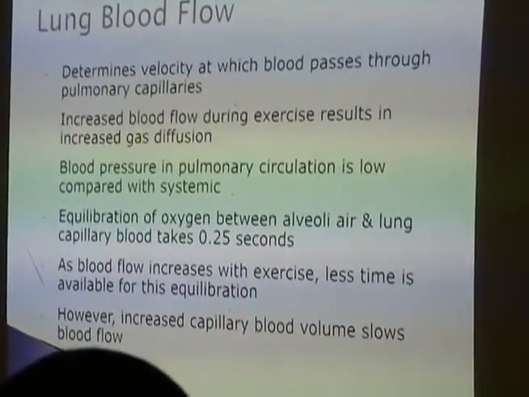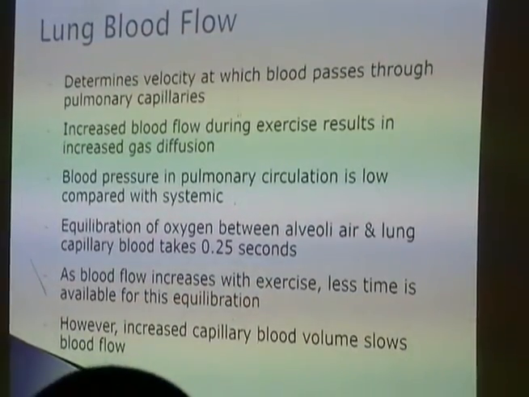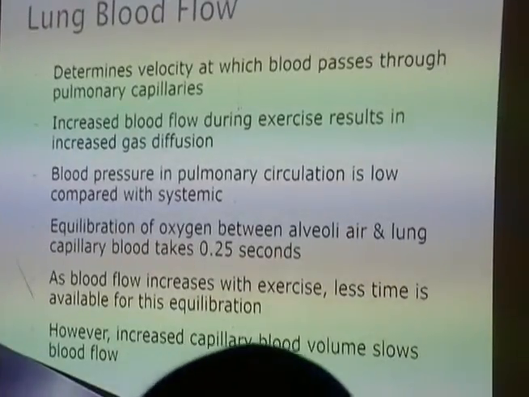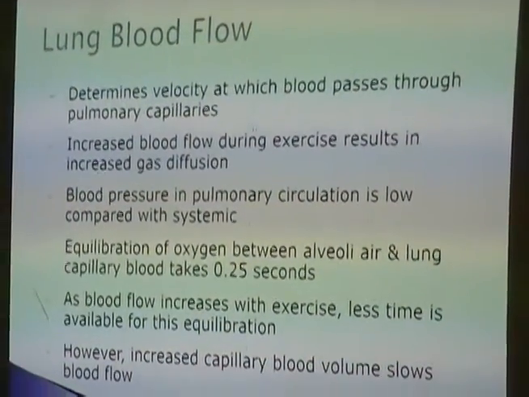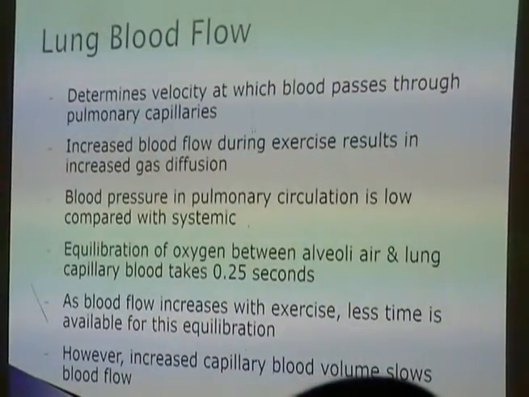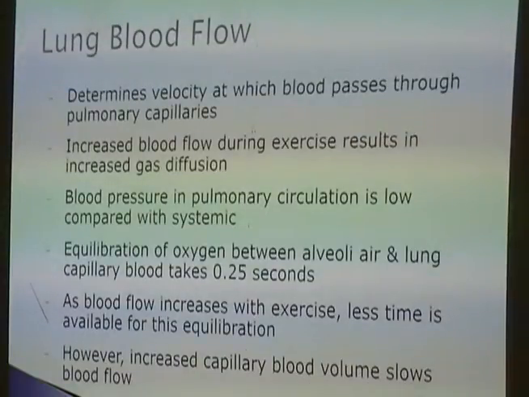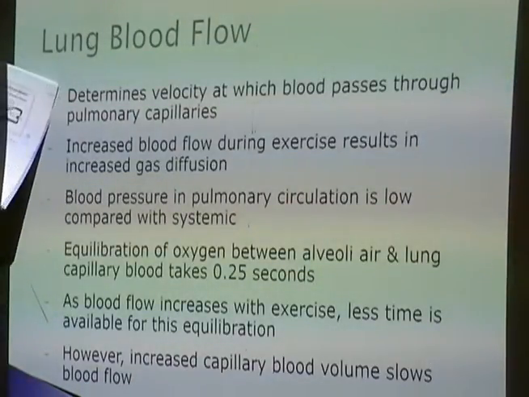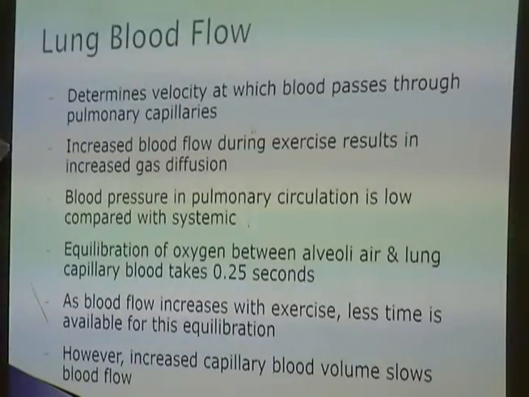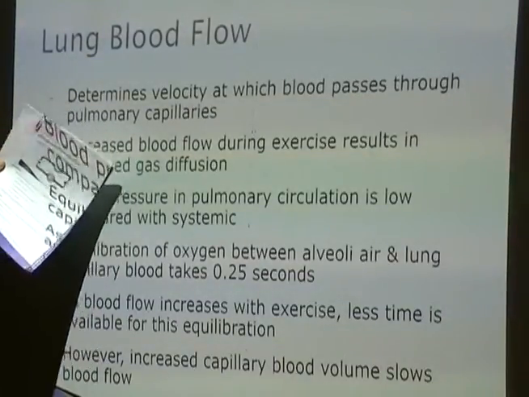So, to move a gas or a liquid, we need a pressure gradient. Gases and liquids move from high to low. So, we have a pressure gradient when we're looking at the oxygen. We also have a pressure gradient when we're looking at blood flow through the lungs.